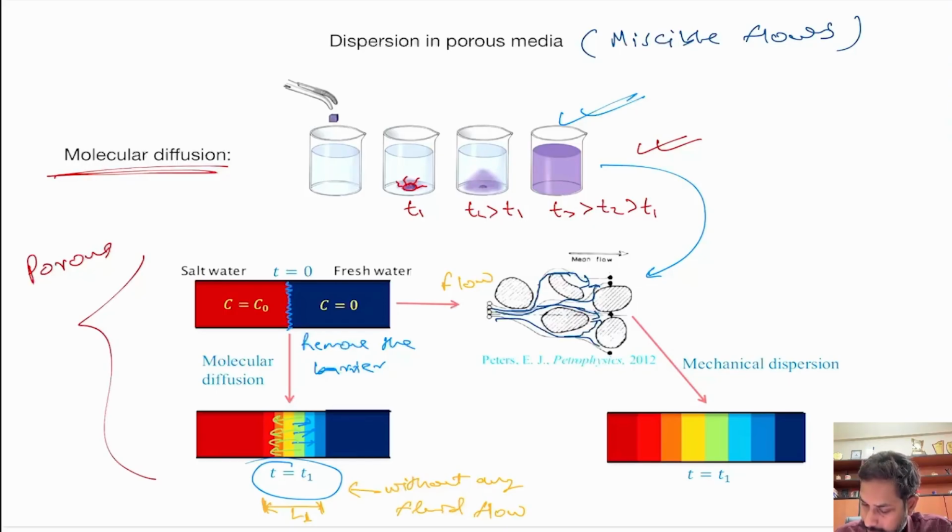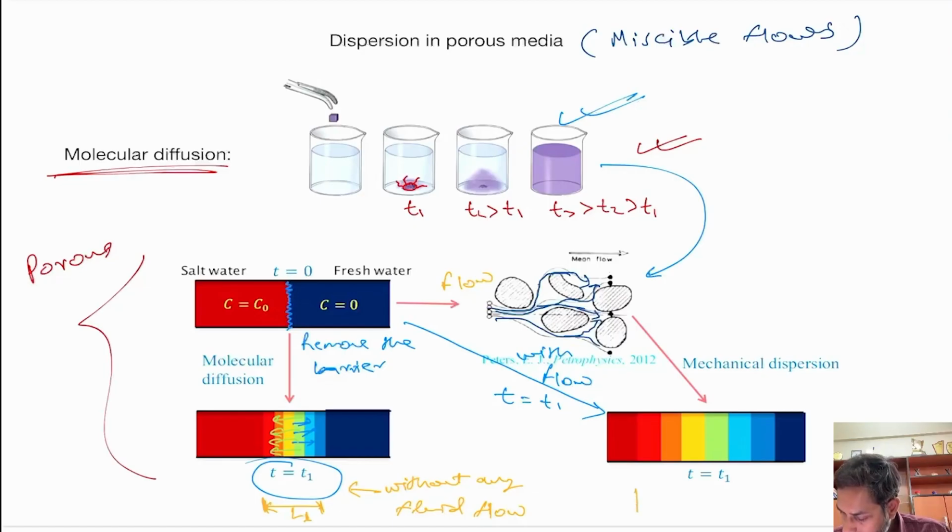So let's say this is the same system that you had here, right? And now you're going from that to this here, and here time is still equal to t1, but now there is a fluid flow. So this is with flow, right? In this case, you will see that this zone that you had before has become much broader.